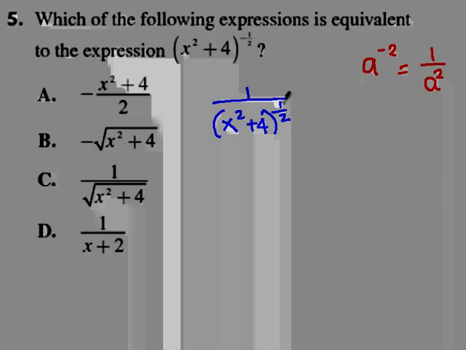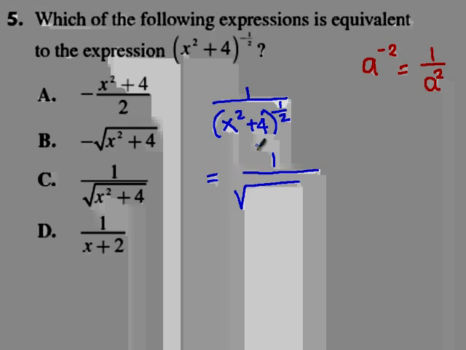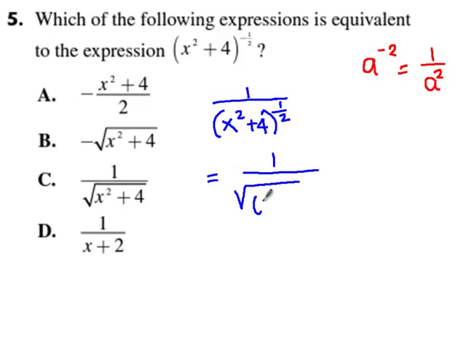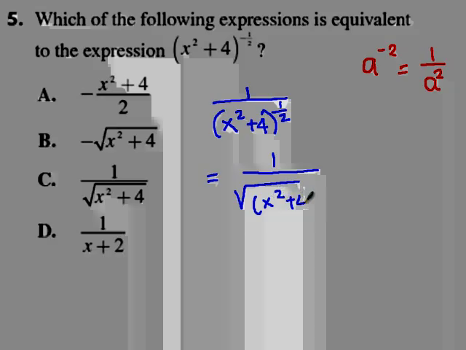When we have a fractional exponent, we can further write that as a radical. So we can write this as 1 over the base written under the radical sign, so X squared plus 4. The numerator of the exponent is 1, so I'll put it here. And then the denominator becomes the index of the radical.